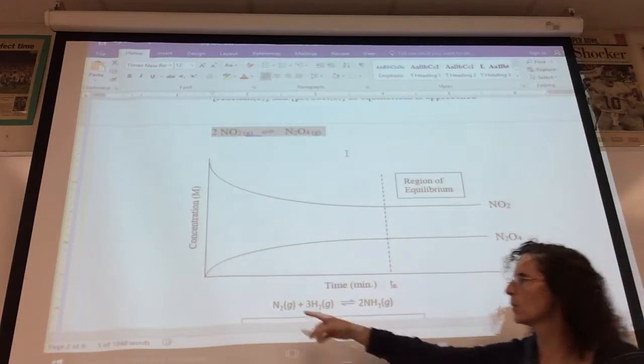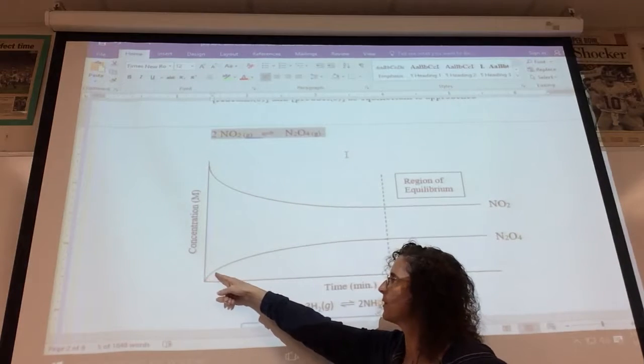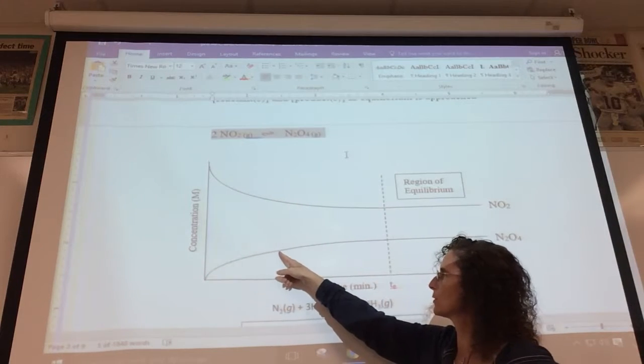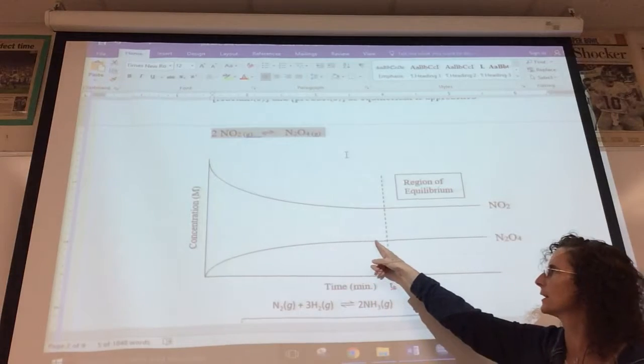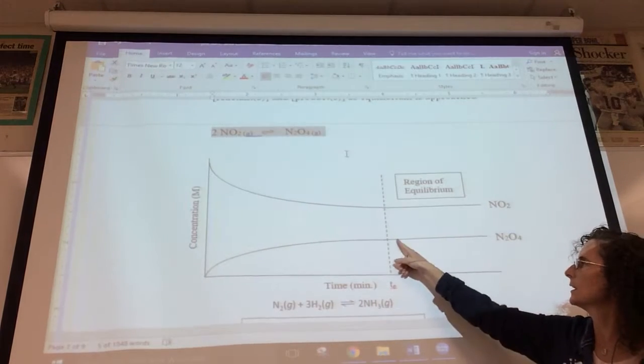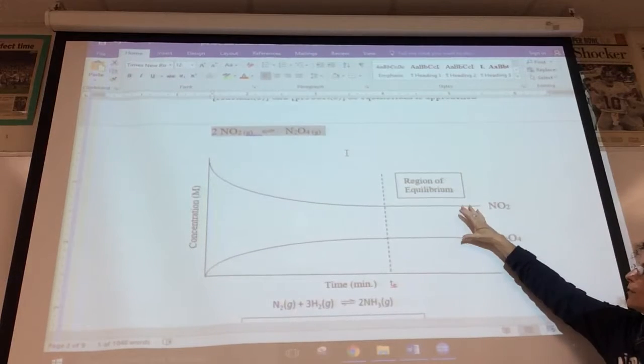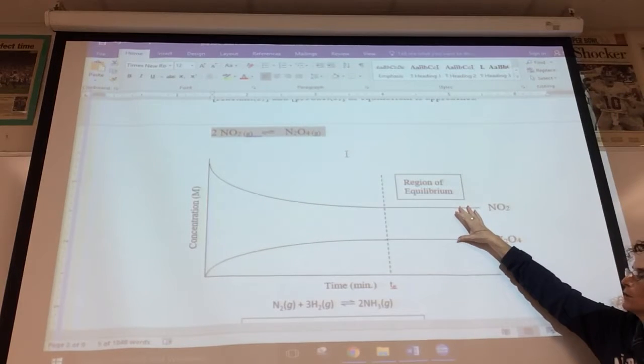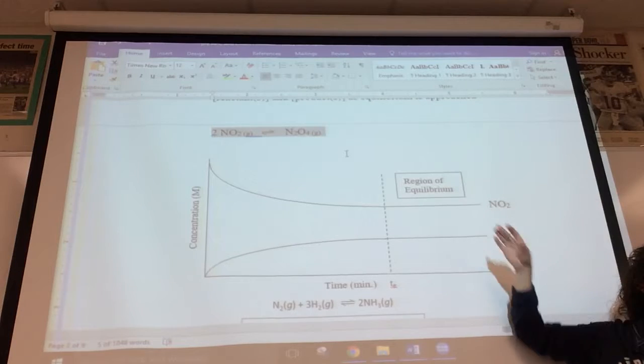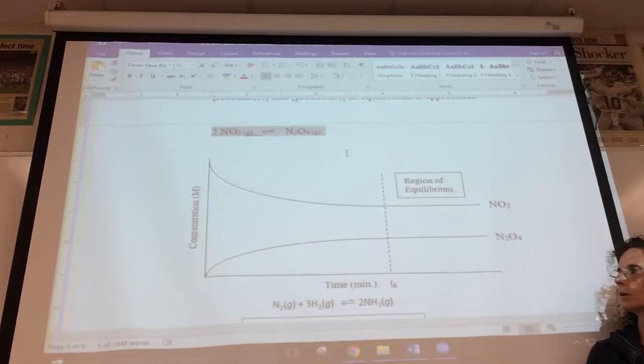None. And that's why you start here. And this concentration over time or rate will increase until it plateaus and you have a constant rate. When the rate of the forward and the reverse reactions are equal, you're at a state of chemical equilibrium.